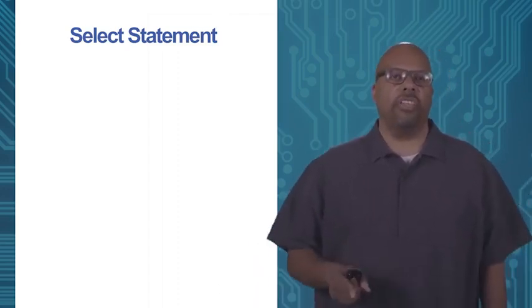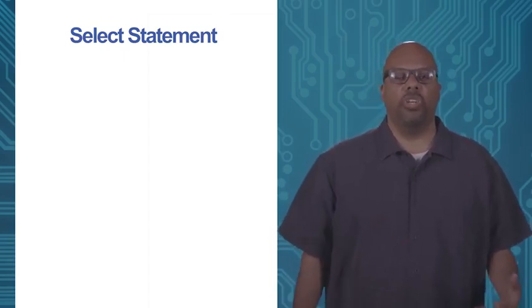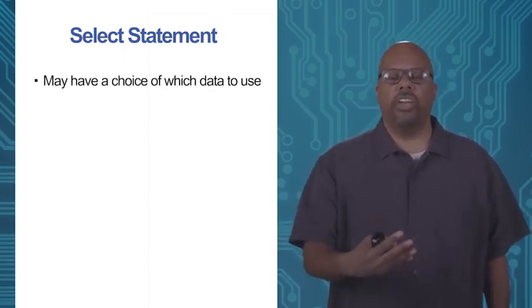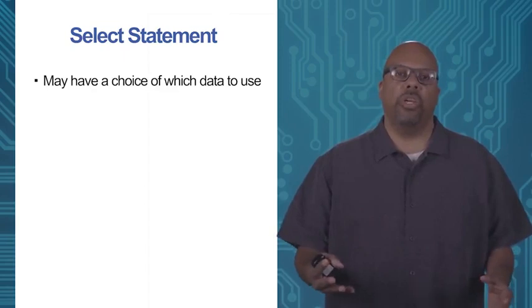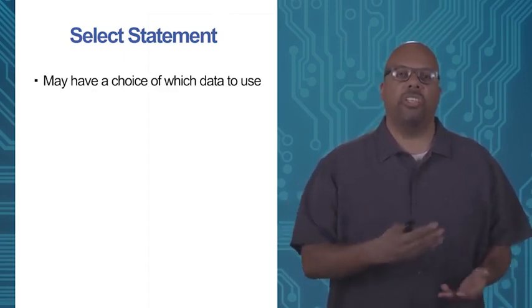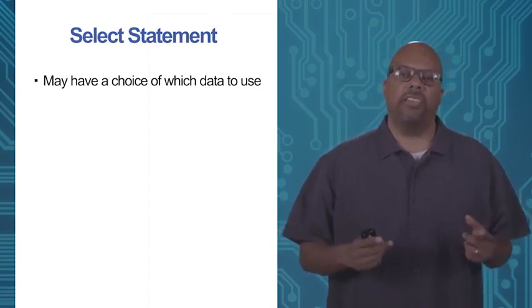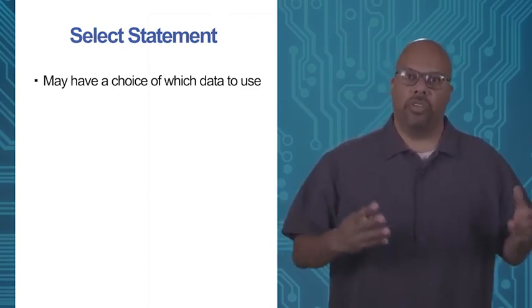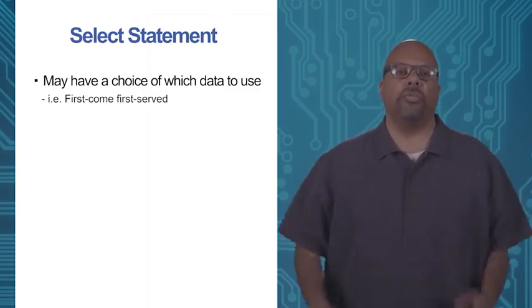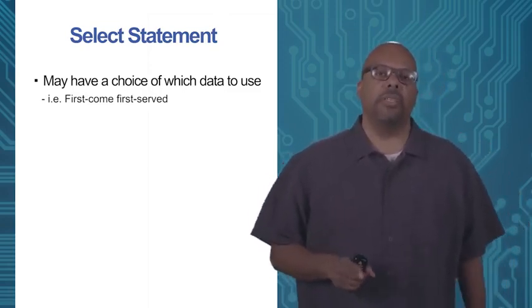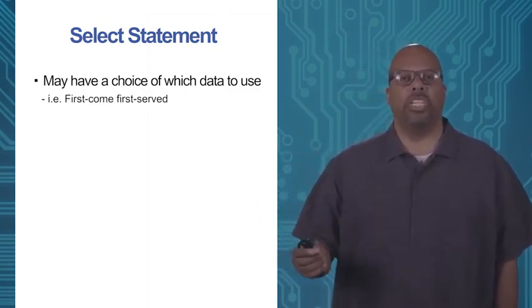So if you have a situation where you have a choice of which data to use, and whichever data comes in first is the one you want to use, say you've got two channels, C1 and C2. Data could come in on C1, data could come in on C2. First come, first serve, that's the one I'm going to use and do something with. In that situation, you don't want to read from both channel 1 and channel 2, right?